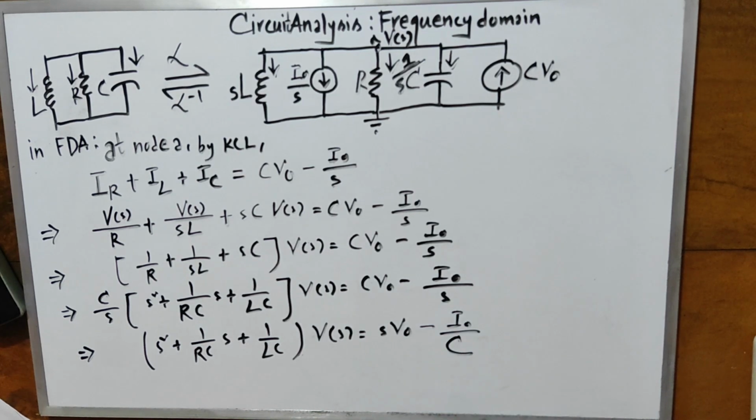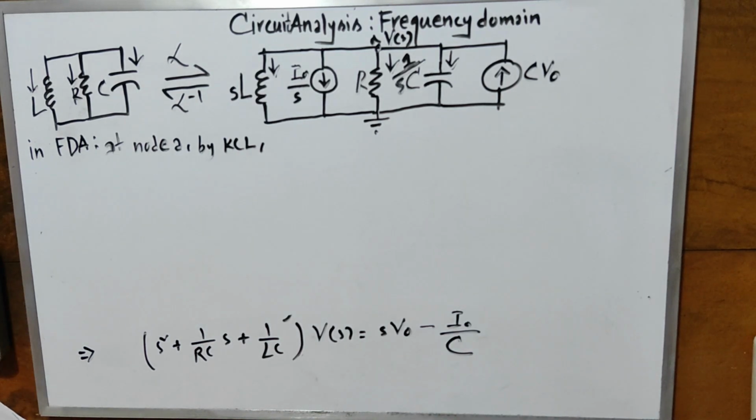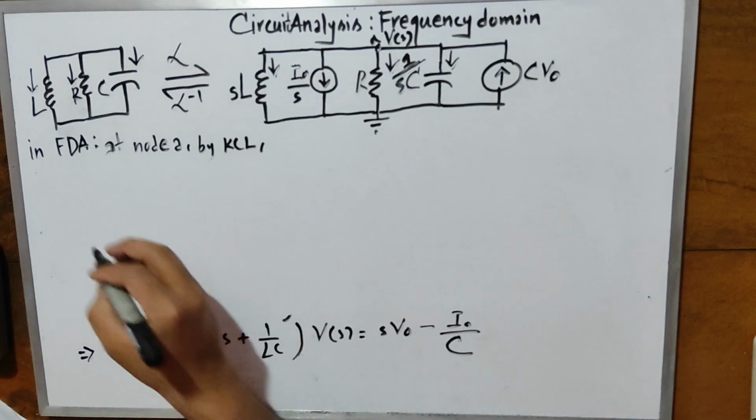Before I do the division on this side, I want to break this second order term into factors, I want to factorize this basically. So how am I going to do it?